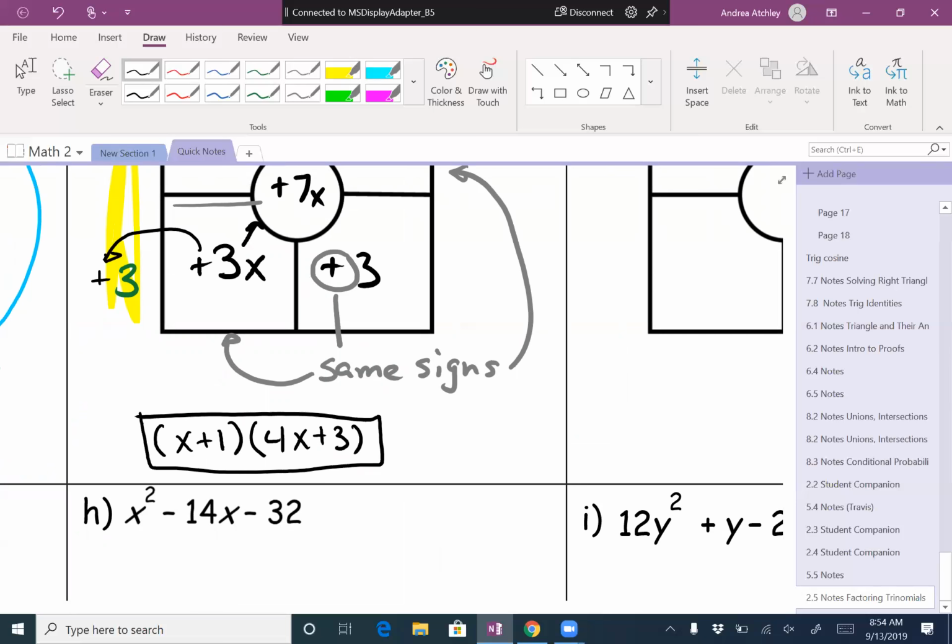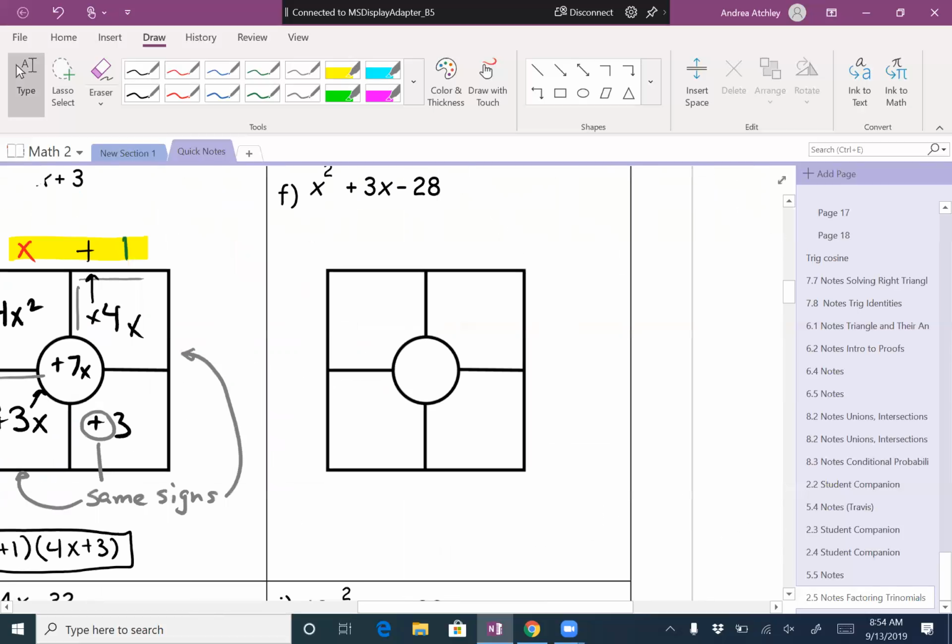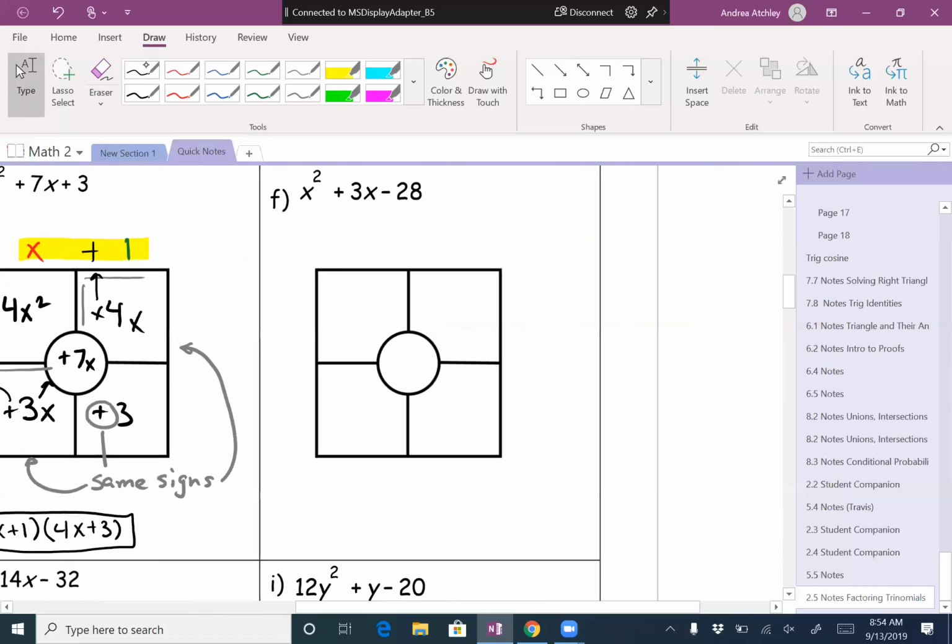Okay, let's try the next one. Okay, what multiplies to x squared? X and x.